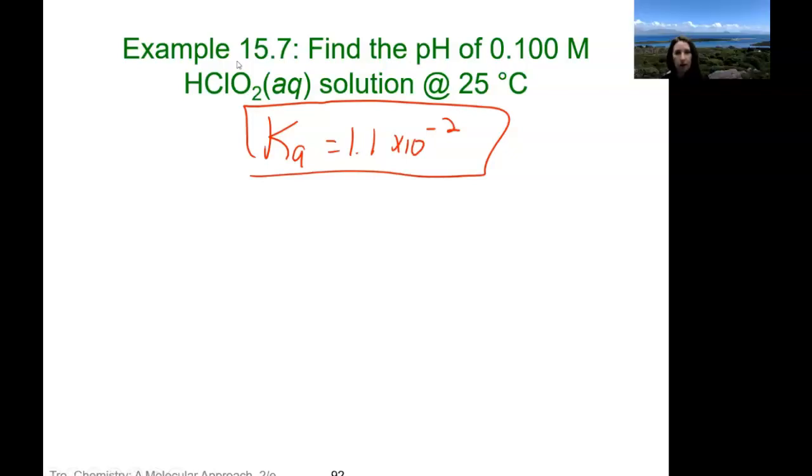Okay. So I see a few people have gotten through it. So let's, step 1, write the equation. Remember, we said that this is an acid. If this is an acid, this is a base.